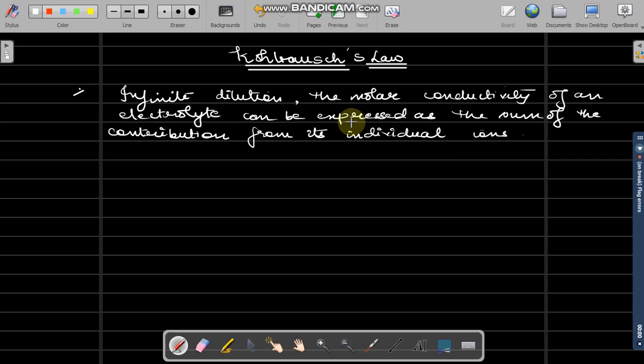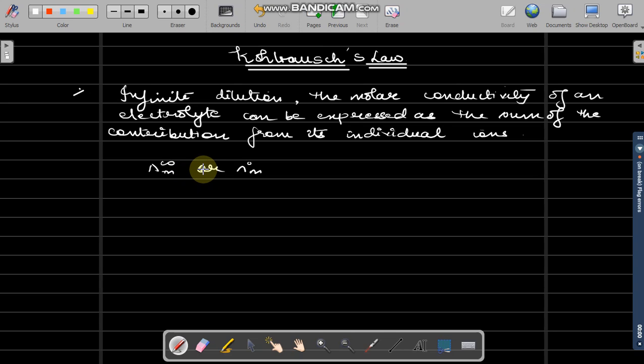When we talk about the molar conductivity at infinite dilution, we can represent it by the sign infinity.